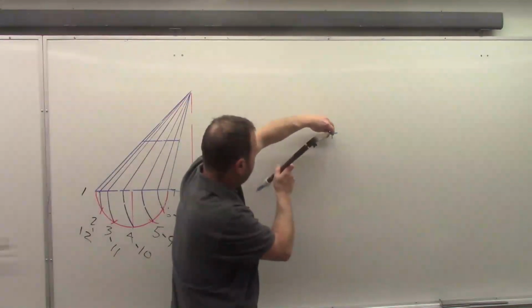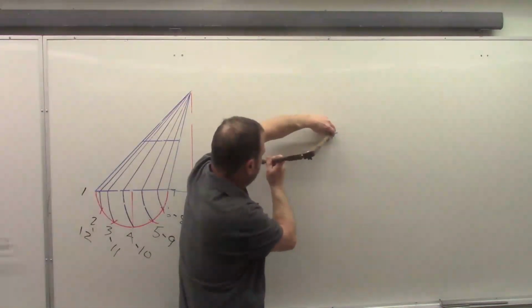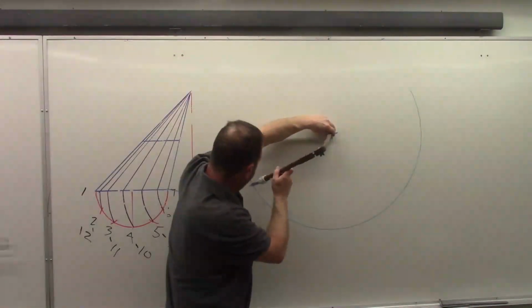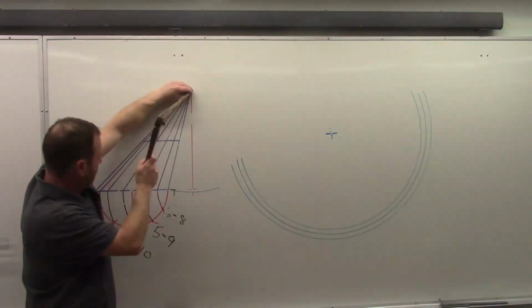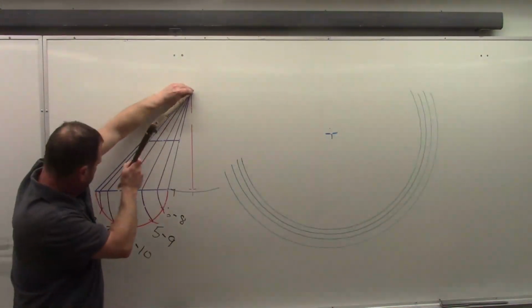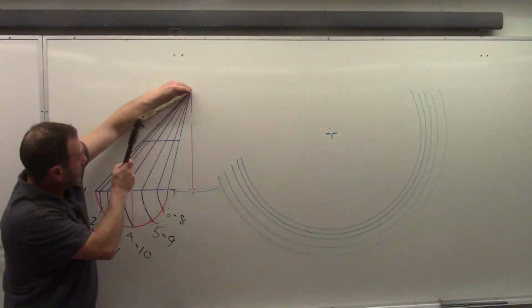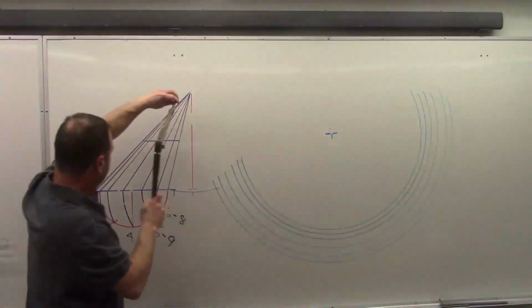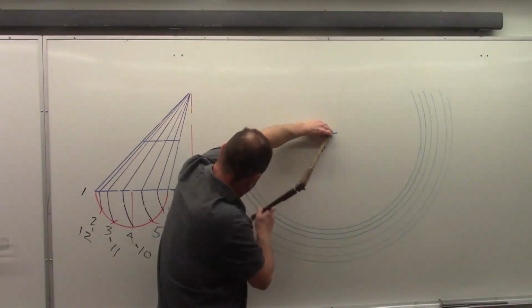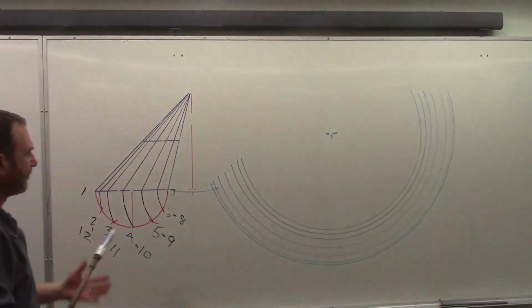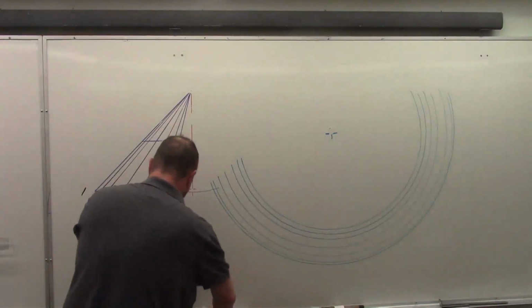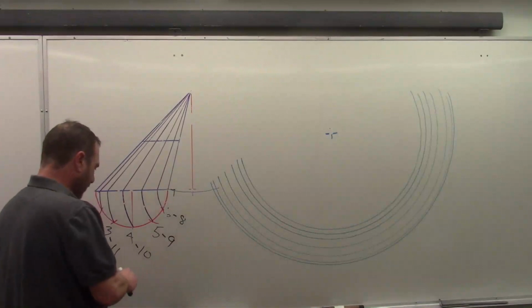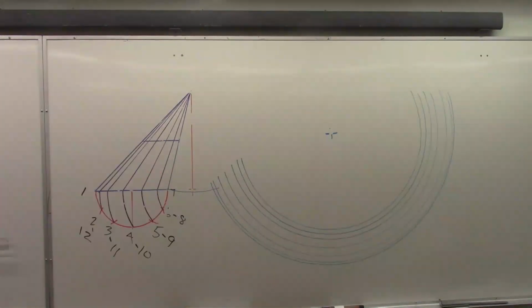I'm going to pick up 7. Okay. So that's all our element lines swung now, or all our slant heights.